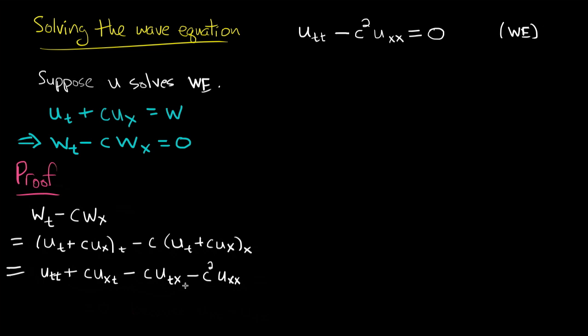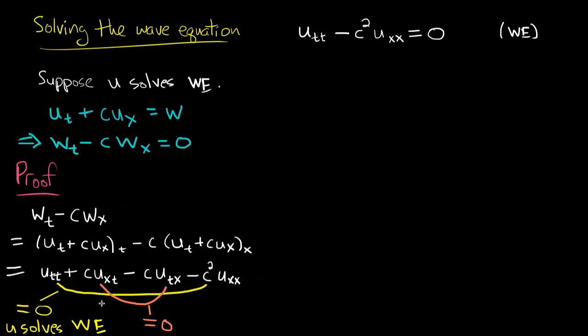Now, what does this equal? Well, UTT minus C squared UXX, that's 0, because I know that U solves the wave equation. So let's write that down. The outer terms here, this guy and this guy, combine to be 0, and that is because U solves the wave equation. On the other hand, these two interior terms right here, UXT and UTX, also combine to 0.